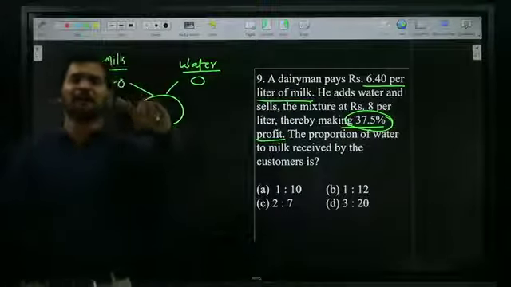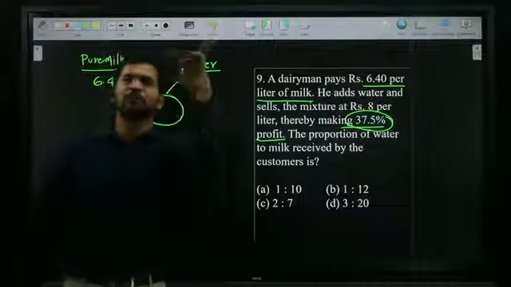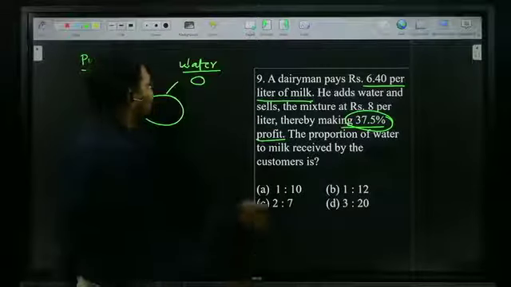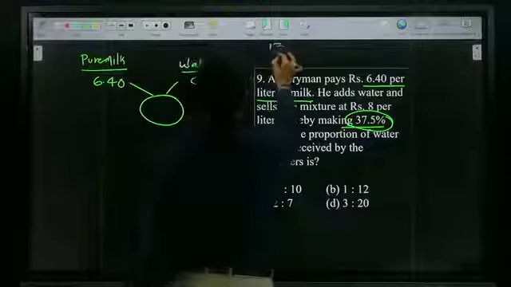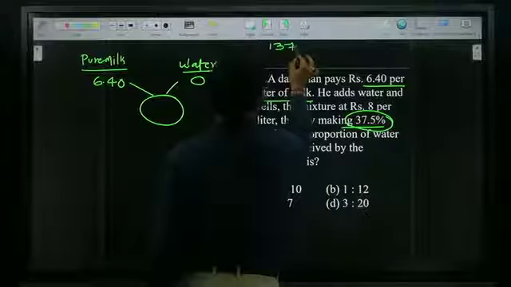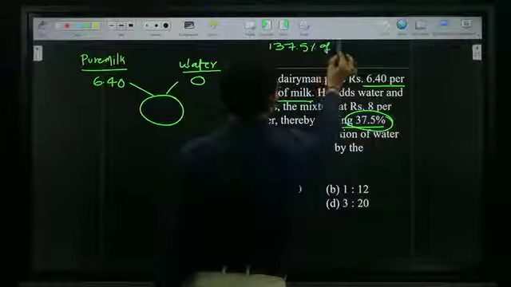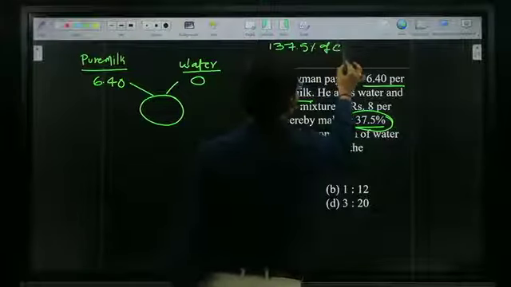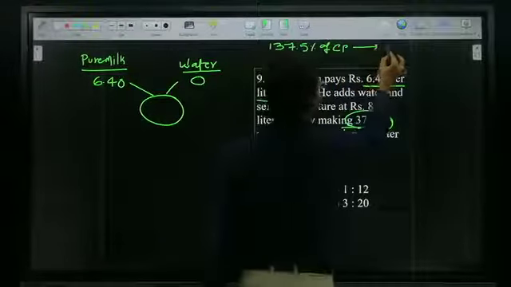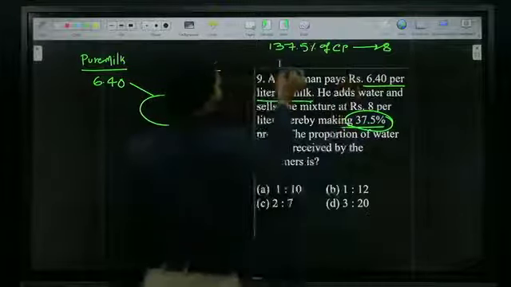37.5% profit means it should be 137.5%. Therefore, 137.5% of CP is nothing but 8 rupees. Now I need 100% of the CP.